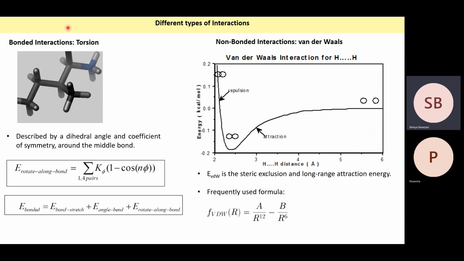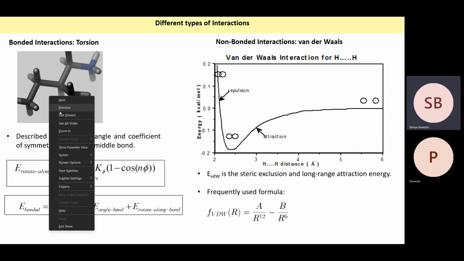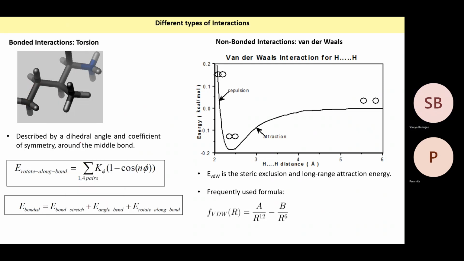The third kind of bonded interaction is a torsion, the distortion of the torsion angle. We have learned that a torsion angle is formed when there are four atoms. Suppose this is your A, this is B, this is C, and this is D. The angle between these four atoms forms your torsion angle.